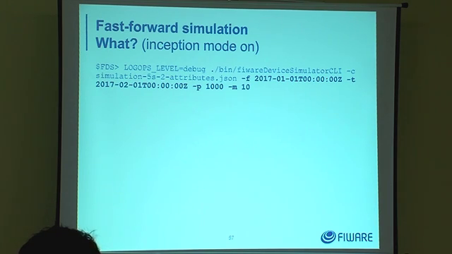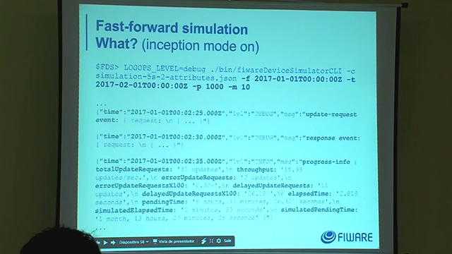If we run this command, we will see on the logs that, as we wanted, the simulator is sending update requests, in this case to a context broker instance, on the dates that we have configured. As part of this logging information, we also provide progress info about the simulation.